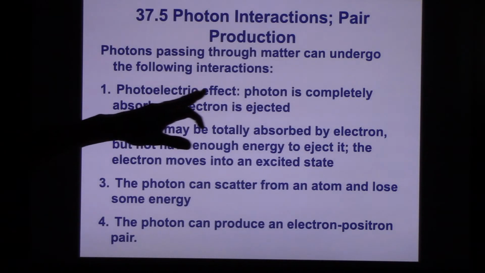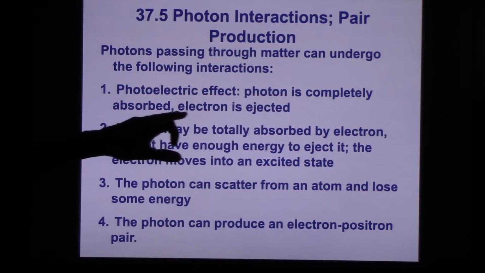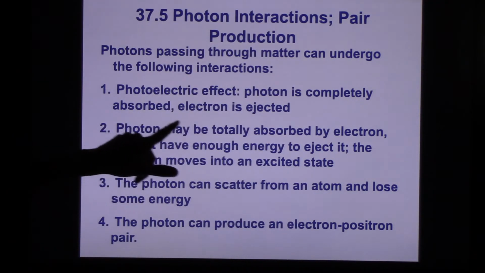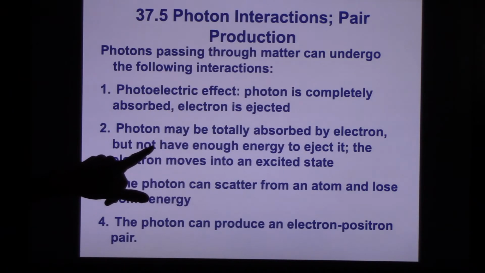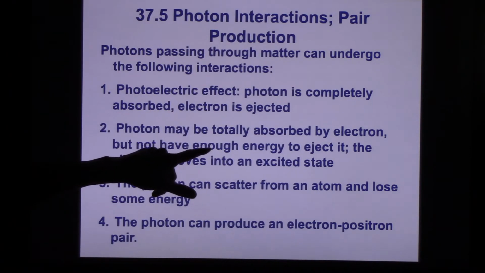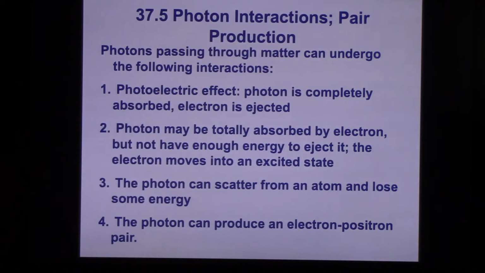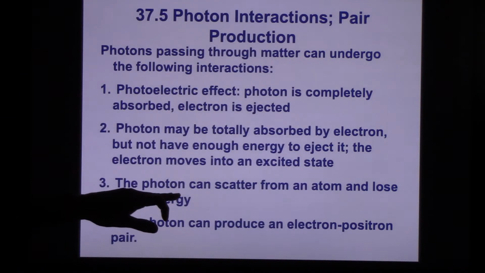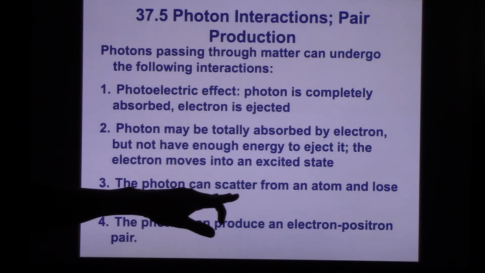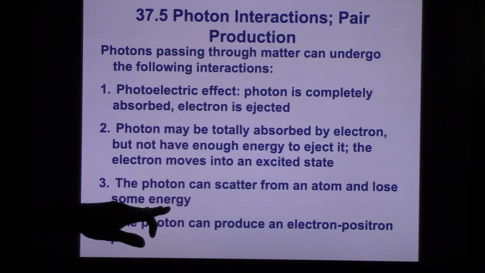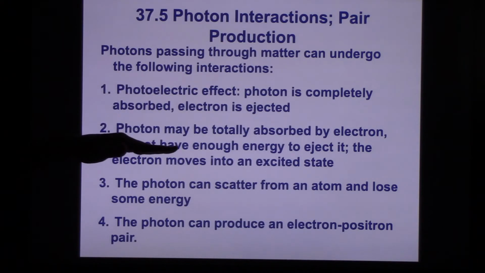So in the photoelectric effect, the photon was absorbed, and an electron separated from the material. We could also have photons that can't release an electron, but they just get absorbed. We can also have a photon that scatters and loses some of its energy. This is the Compton effect. This was photoelectric.